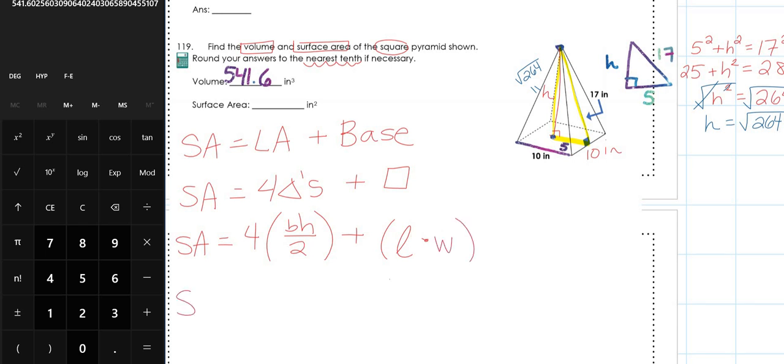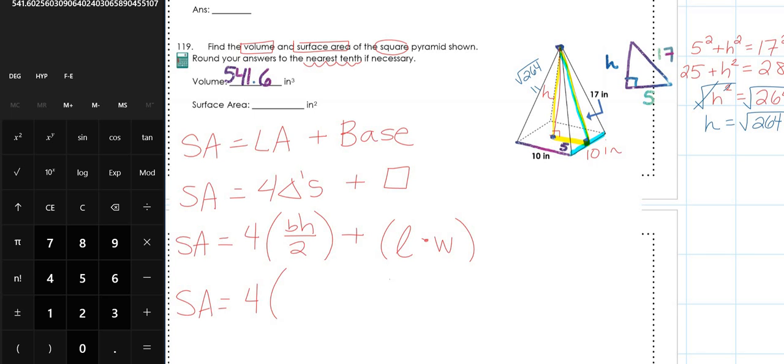Okay, let's keep plugging in. 4. Now my base and my height, thinking about just the triangle. The base of the triangle is 10. The height of the triangle is that 17 that's slanted. That 17 was the height of my triangle, not the height of my entire pyramid.